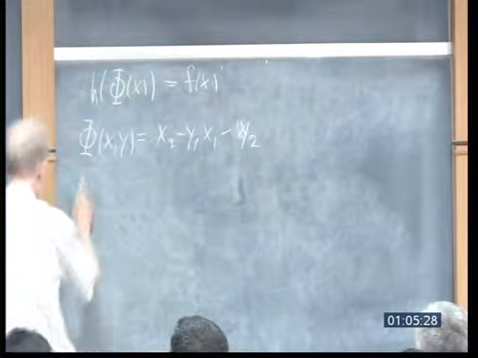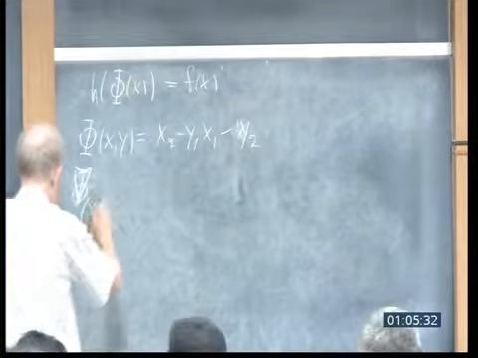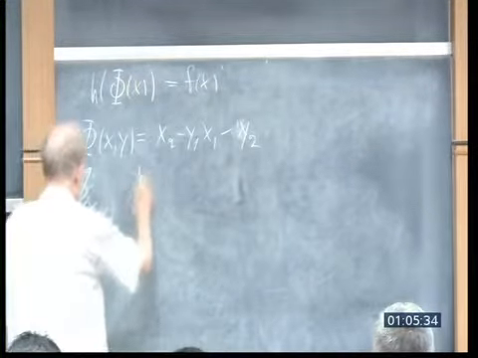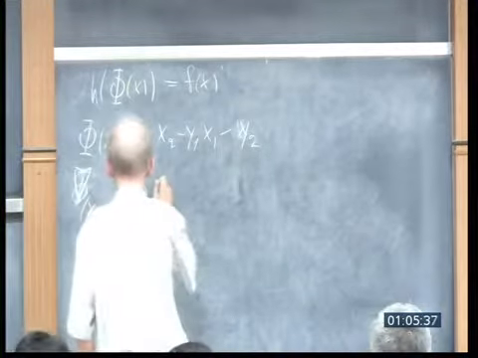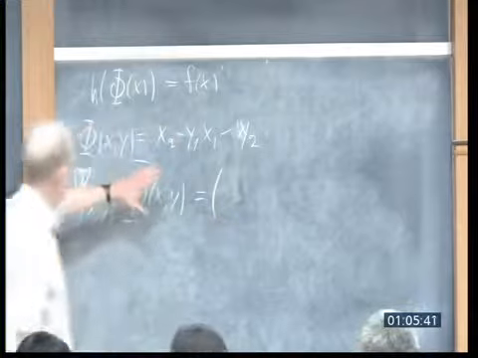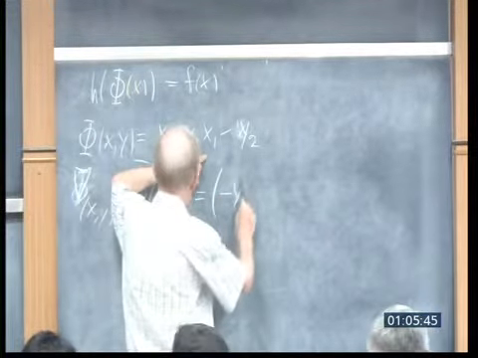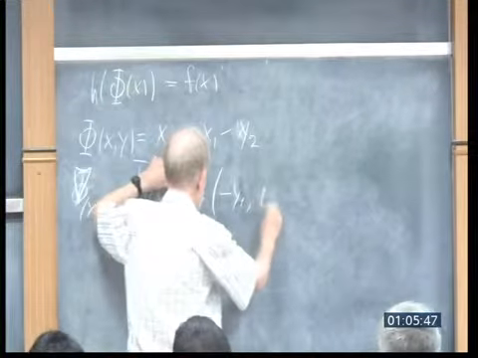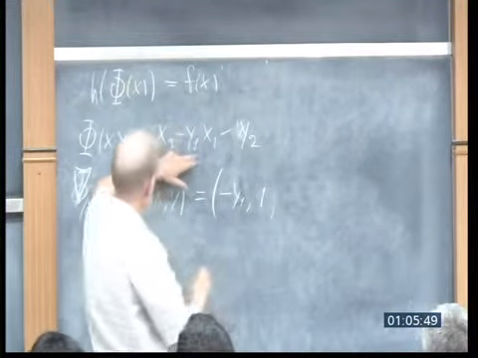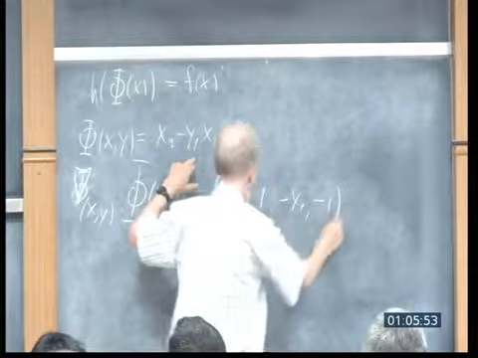So what is the gradient? Well, let me write it this way. The gradient of phi: with respect to x, we get minus y1, 1, and with respect to y, we get minus x1, minus 1.